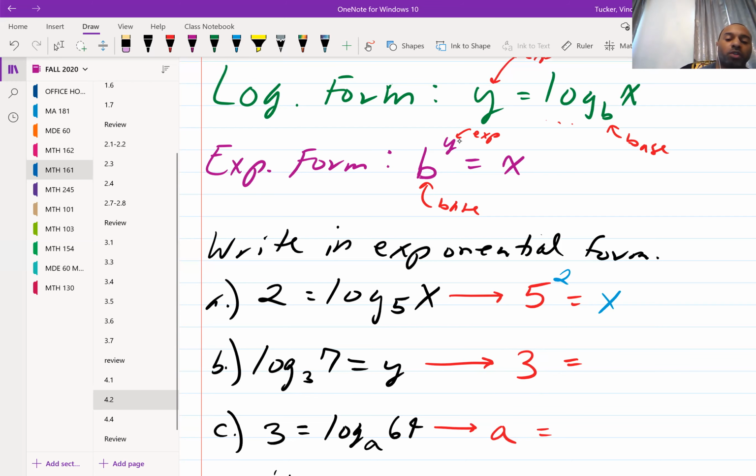All right. So what's going to be my exponent? It cannot be the 7 because the 7 is right beside the 3 in my log form. So that means I have to have y as my exponent. Then 7 will be on the other side of the equal sign.